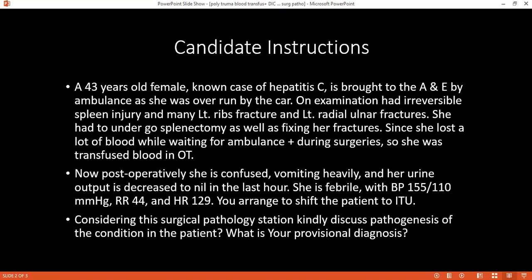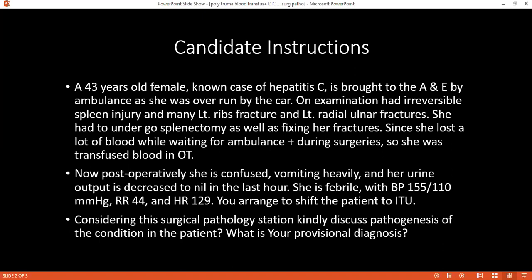If you have fixed the fracture with an implant and it becomes infected, what should you do? Remove the implant. So what is the first test to do? How would you confirm that this is infected? Swab culture and sensitivity.